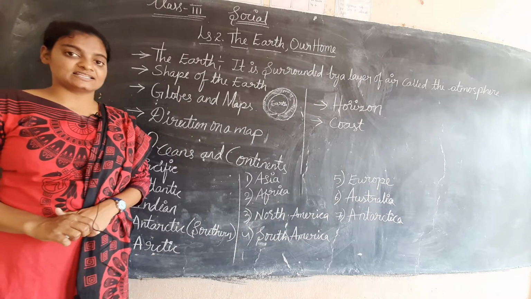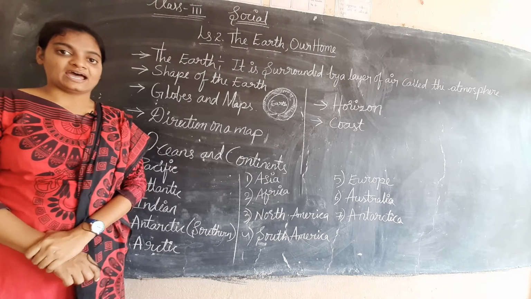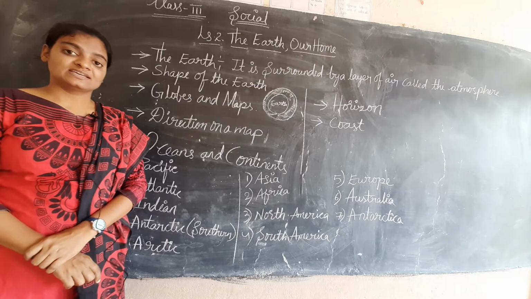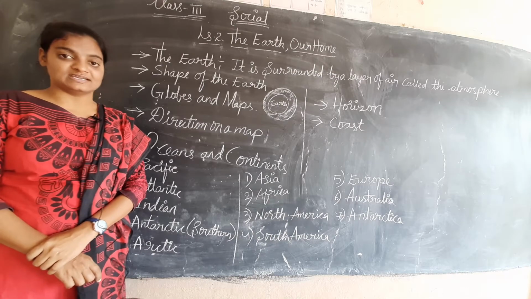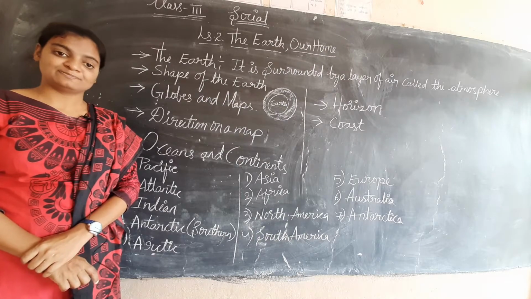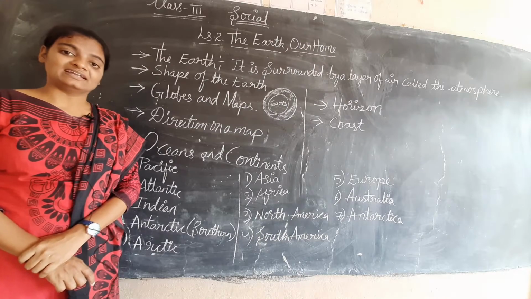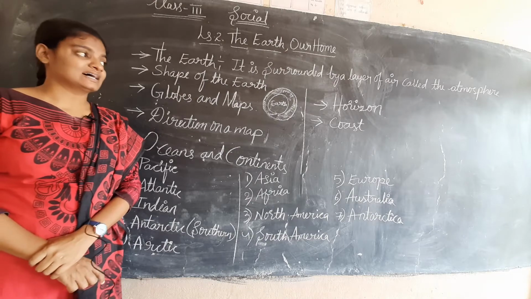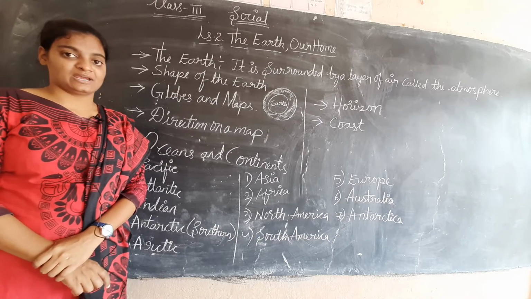He was continuously traveling for 3 years, and after 3 years he reached the same place in Spain. At that time it was proved that earth is spherical in shape.